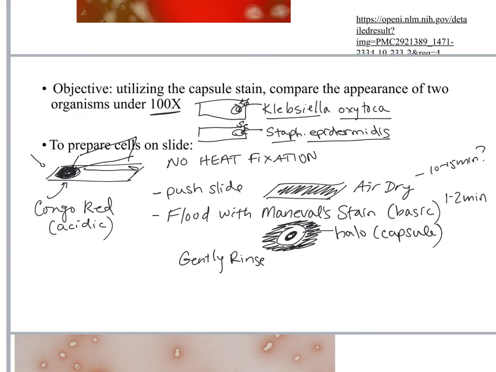So depending on how it reacts with the Congo red, we get a lot of different background colors. It might be gray or blue or red. It doesn't really matter. Either way, it's going to give good contrast. So again, after the 1 to 2 minutes there, you're going to gently rinse that off. And then, of course, we always blot it dry before we take a look at it on the microscope.